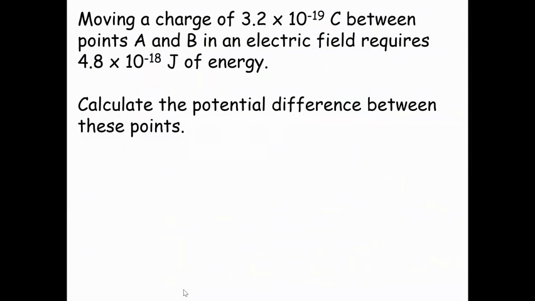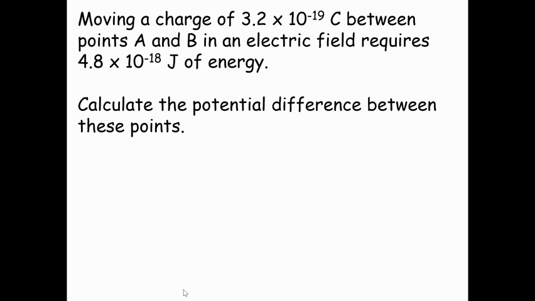If we try it out in a practice problem, let's say we're moving a charge of 3.2 times 10 to the negative 19 coulombs between points A and B in an electric field, and to do this requires 4.8 times 10 to the negative 18 joules of energy. Now we have really small powers of 10 here. We're not talking about a lot of charge or a lot of energy because we're looking at a single charge here.